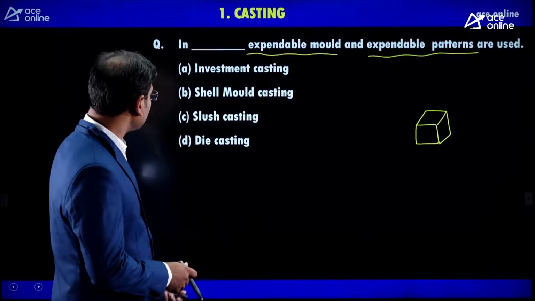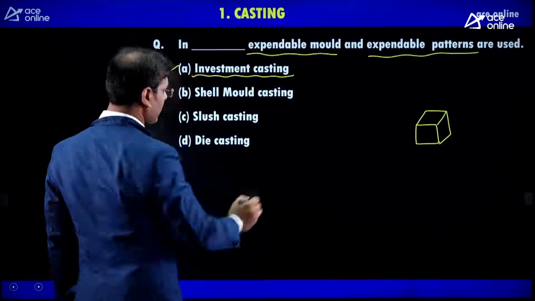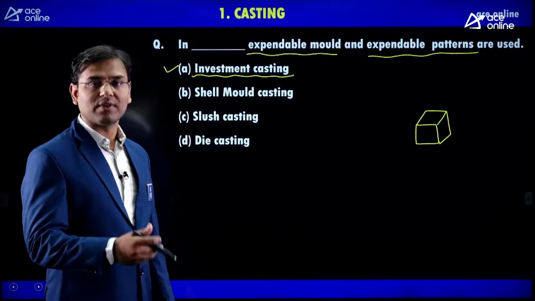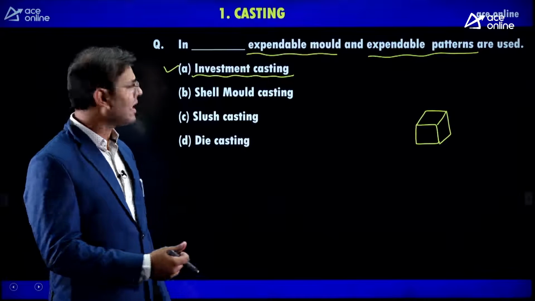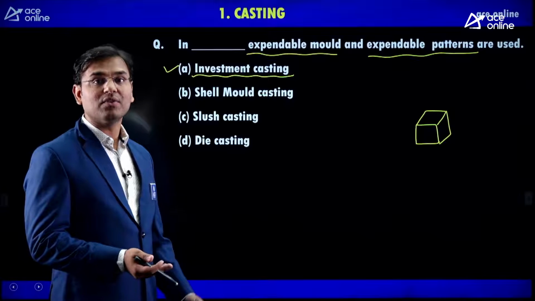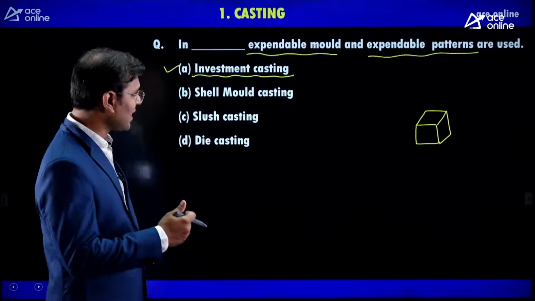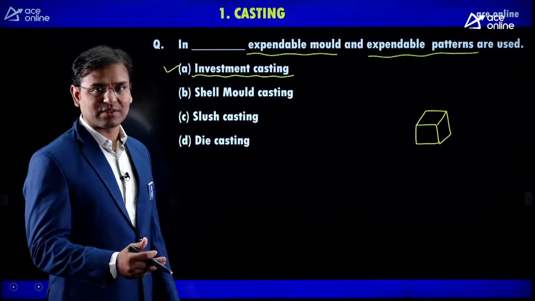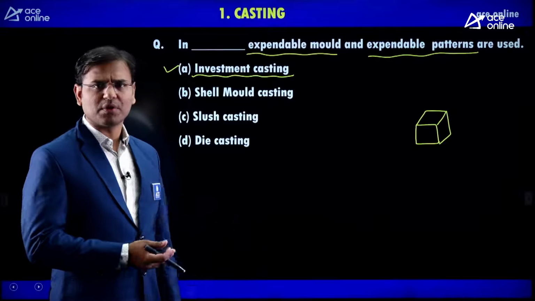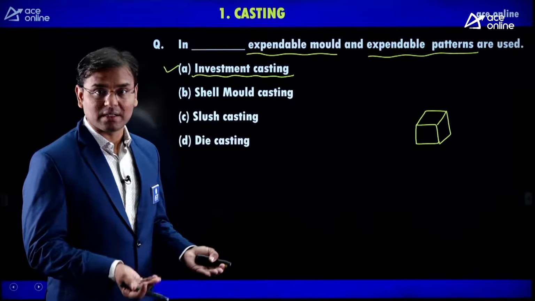But guys, there is one very famous method, that is investment casting, and in investment casting we are going to break the mold as well as the pattern. How are we breaking that pattern? Guys, there is one metal die, and by using the metal die we are going to make a number of patterns. Then all those patterns are attached to one sprue, and by using that we are going to make the mold.